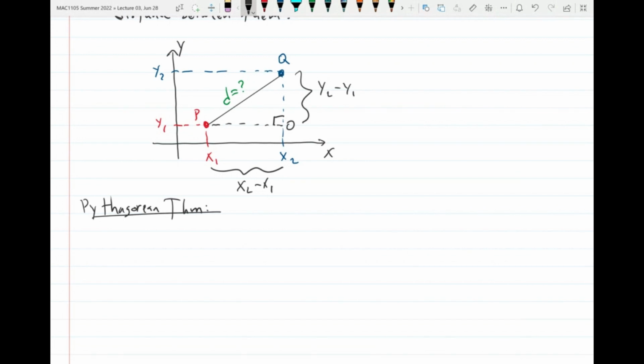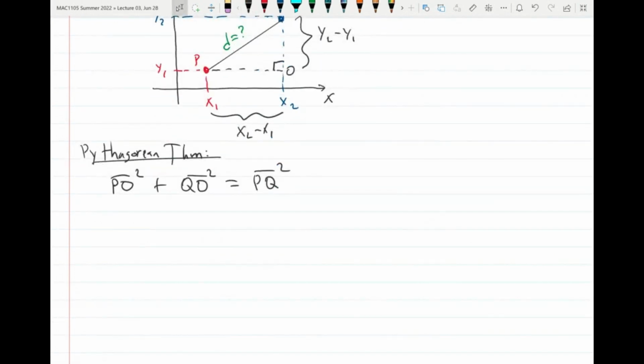This is only true for a right triangle. In other words, PO squared plus QO squared is going to be equal to PQ squared. Do you understand this? It's the Pythagorean theorem. Actually, I'm going to write it the other way around.